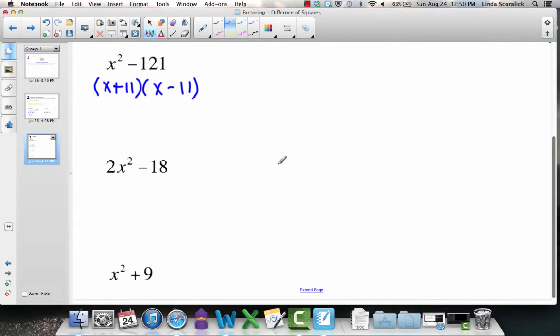Next example is a little bit tricky. If we take a look at 2x squared minus 18, neither one of those are perfect squares. And this takes us to a really important lesson we have to learn about factoring.